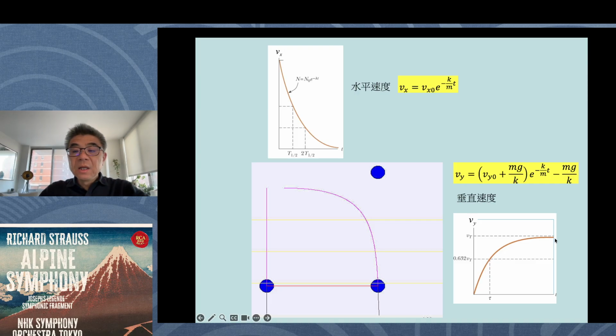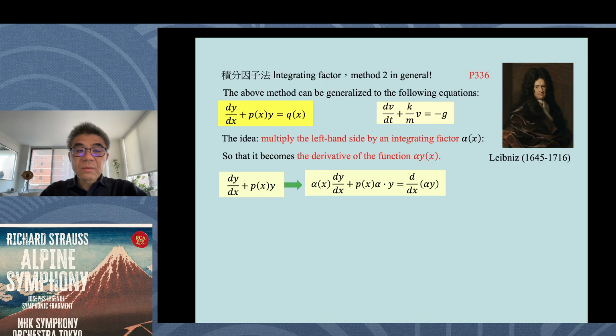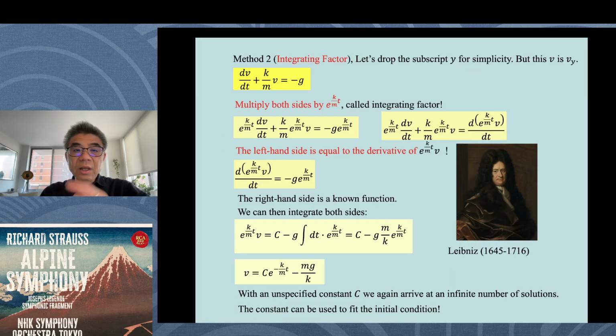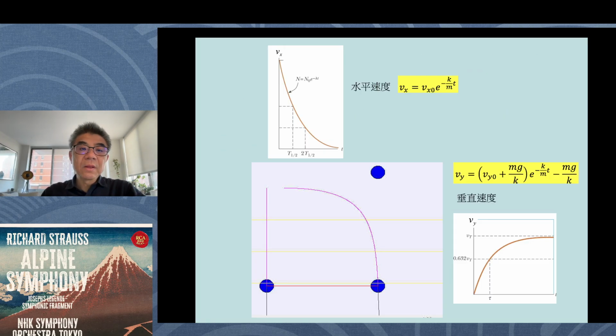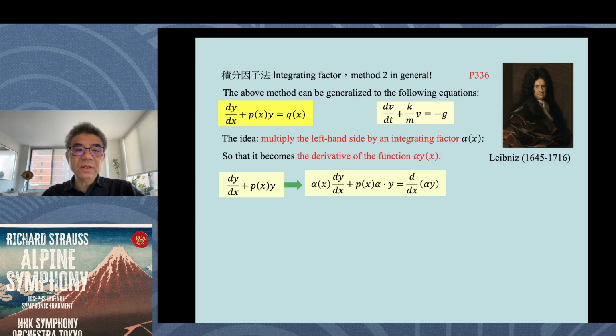Okay. So this is the solution, and you can see that the integrating factor is actually very, very useful. Now, in the above derivation, I used the specific example of this vertical speed. However, this integrating factor can be generalized to all first order ODEs, dy/dx plus p(x)y equal to q(x).